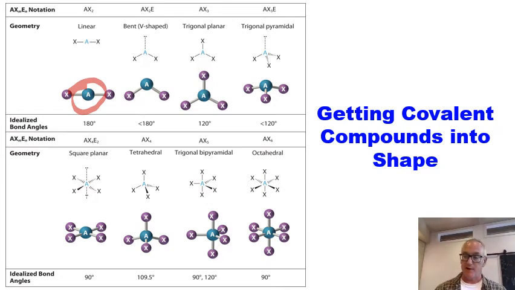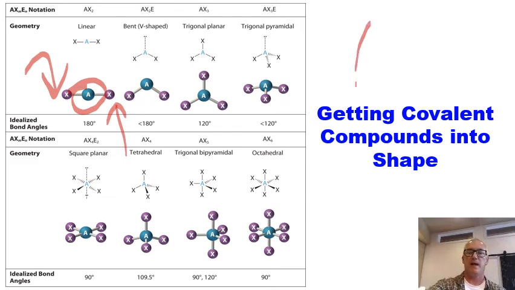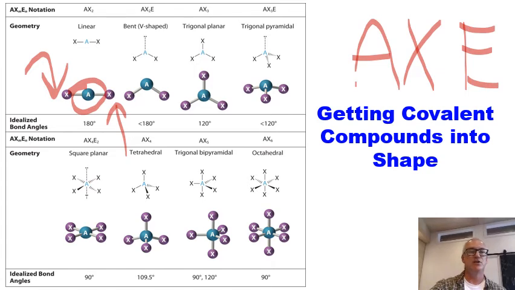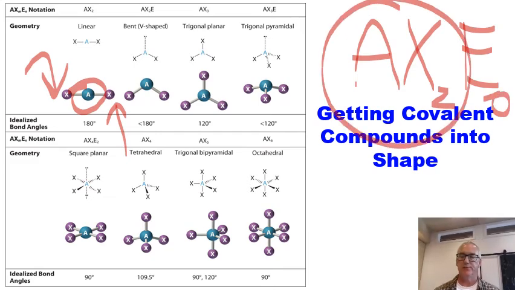So in this instance, we have a central atom. We have a bonding region on one side and we have a bonding region on the other side. So A, X, E, it has 2 bonding regions and it has no lone pairs. So that's just AX2, and that would be linear.